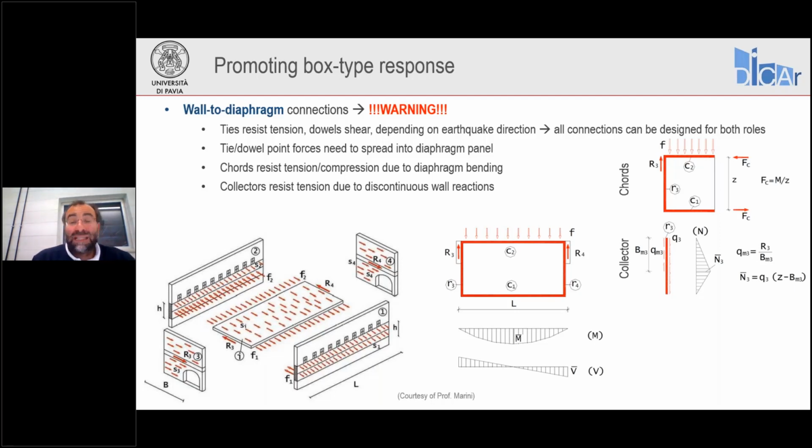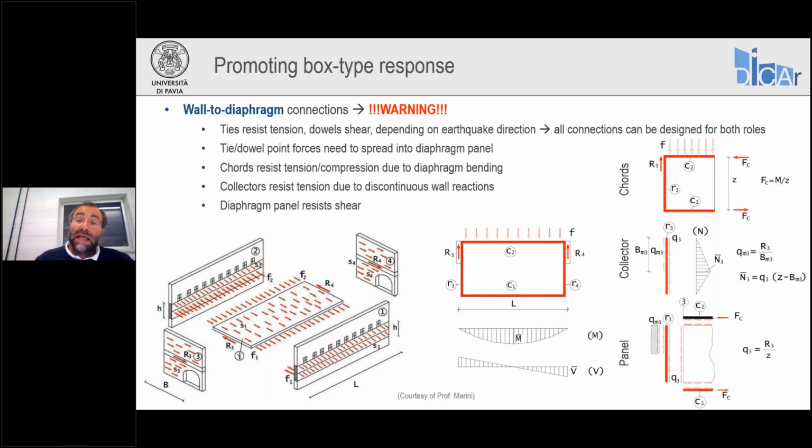Where there are openings, this transfer is basically not effective. So because the diaphragm transfers shear throughout the length of the wall R3, while this is transferred below only over the length of the pier, we have development of tension forces, which must be somehow resisted. And finally, the panel of the diaphragm, the central part of the diaphragm, has to resist shear forces.